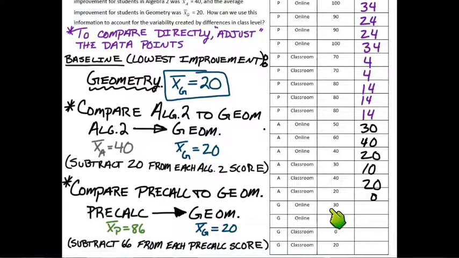Since their mean was already 20, we don't have to do any adjusting here, because we adjusted everything to our baseline mean of 20. So basically we subtracted 20 from all these people for Algebra 2, 66 from all the people in pre-calc. So geometry, they don't get adjusted. So using our new baseline score improvement of 20 instead of 0, these are our adjusted scores.